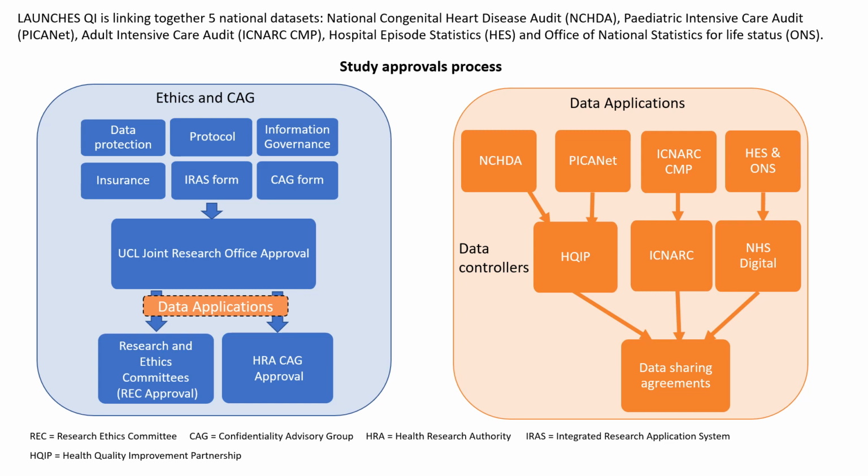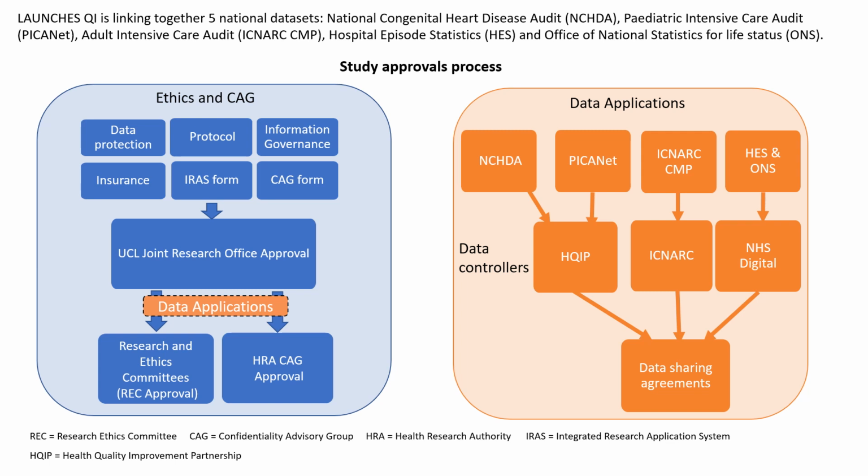Before data approvals could be obtained, we needed the approvals as shown in the blue diagram. This required internal approvals for data protection, insurance and information governance, a completed IRAS application, protocol, and other study documents before we could get approval from the UCL Joint Research Office.